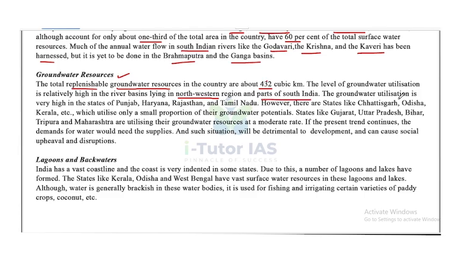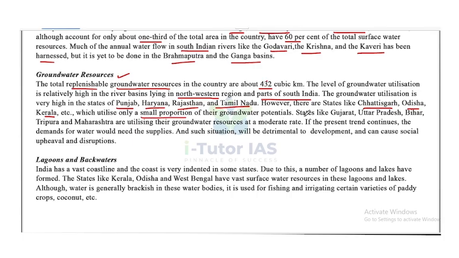The groundwater utilization is very high in the states of Punjab, Haryana, Rajasthan and Tamil Nadu. However, there are states like Chhattisgarh, Odisha, Kerala, etc., which utilize only a small proportion of their groundwater potentials.